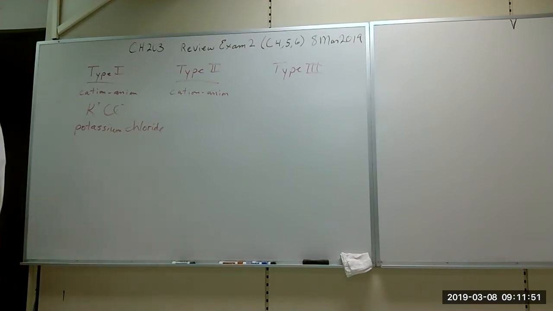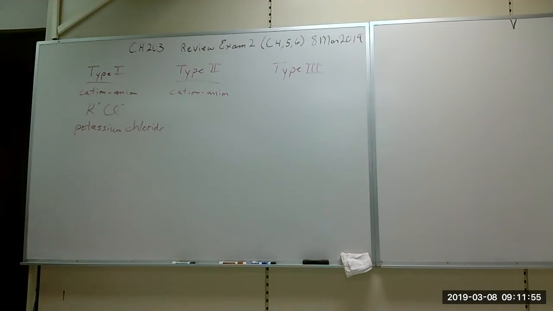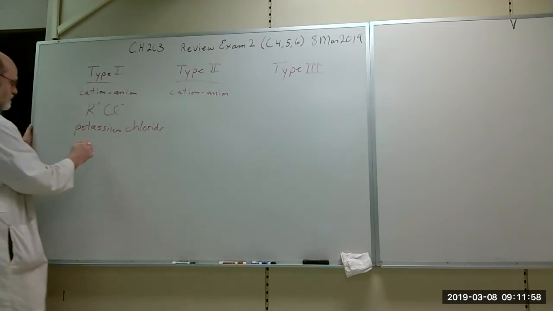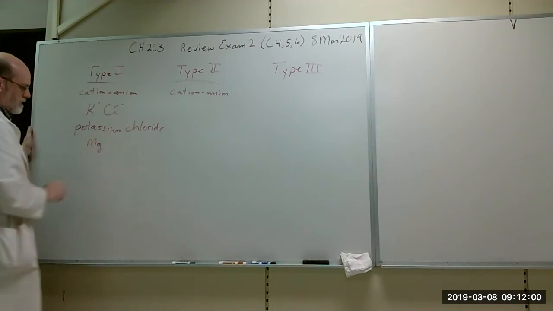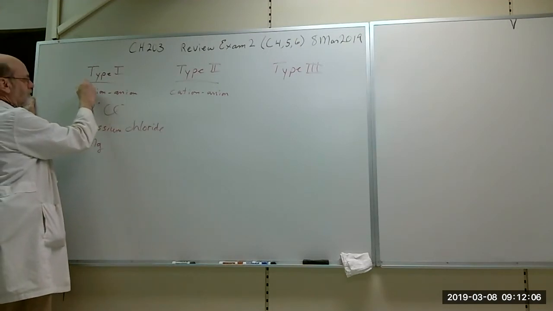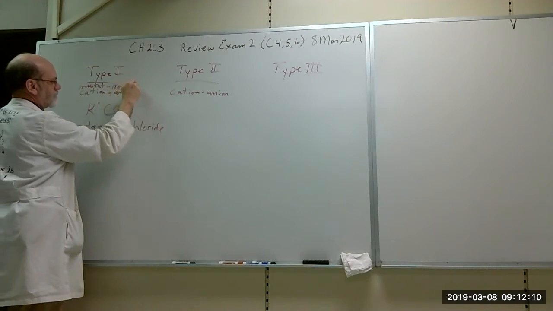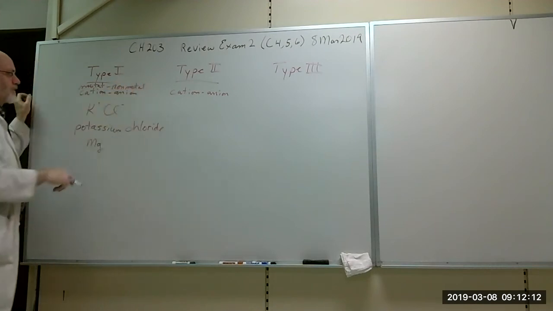Another example. How about magnesium? And we're going to combine it with an anion, and these are always metal, non-metal. Same for both.